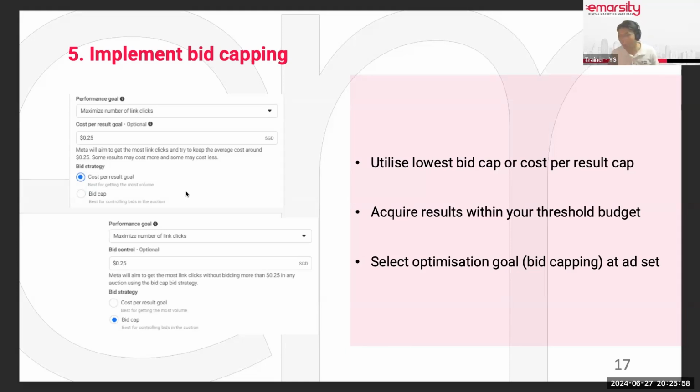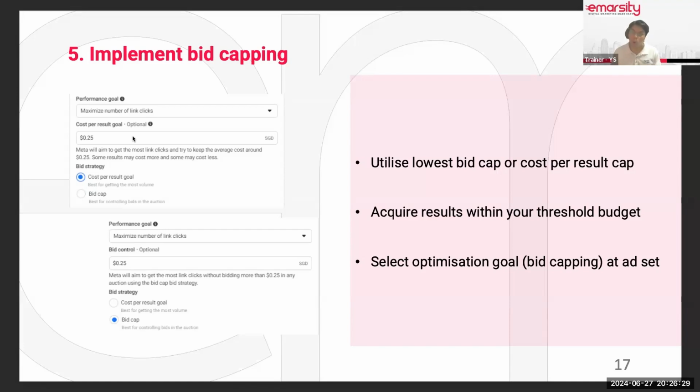Whatever they deem fit may be $5 per click, but that might not be comfortable for you. When you leave it to the platform and don't indicate your cost per result, the platform can bid whatever they deem fit. Maybe your threshold per lead is $20, but the platform may bid $50 per lead. $50 to get one lead.